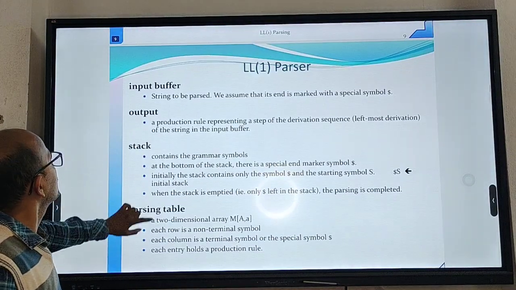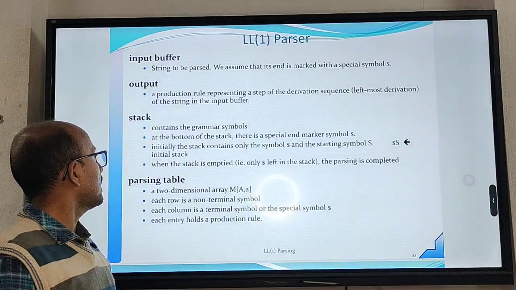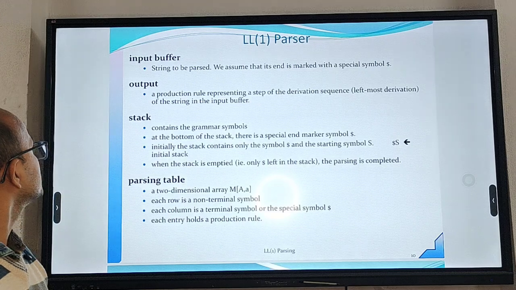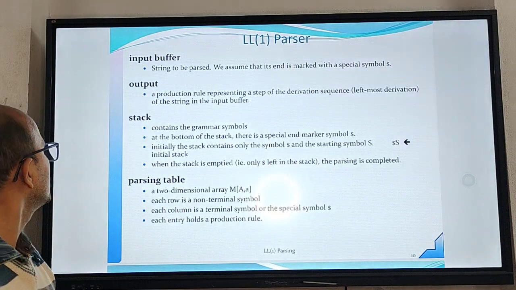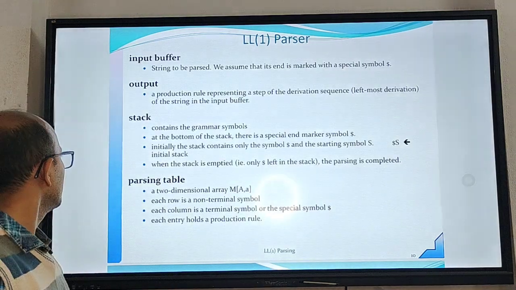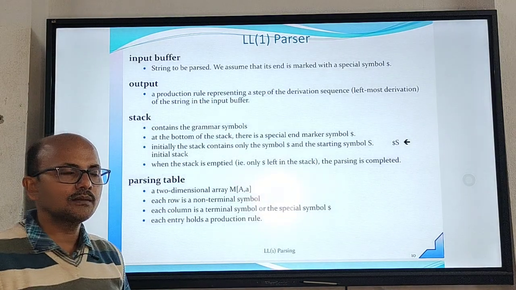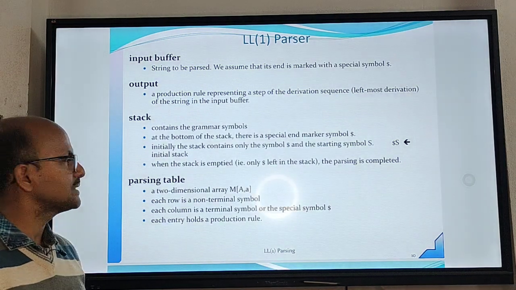Now moving to the components of the LL1 parser. The input buffer stores the input symbols. The output is the sequence of production rules selected, and the stack is used to store the grammatical symbols. The parsing table is in tabular or matrix form, which has two dimensions.